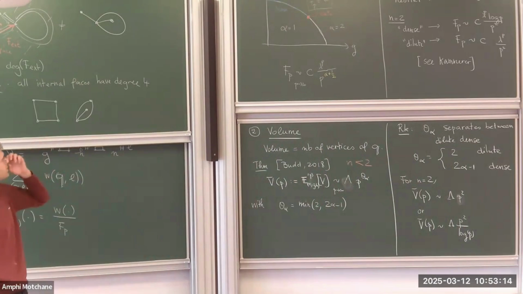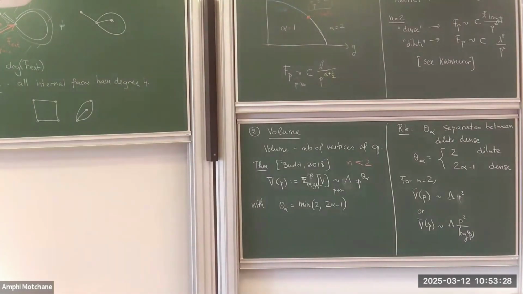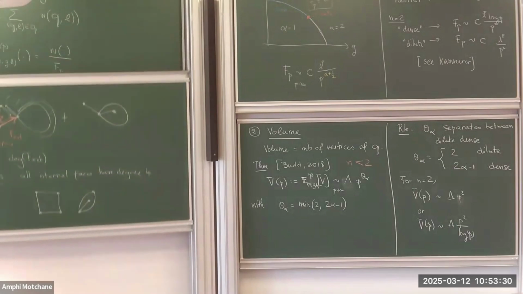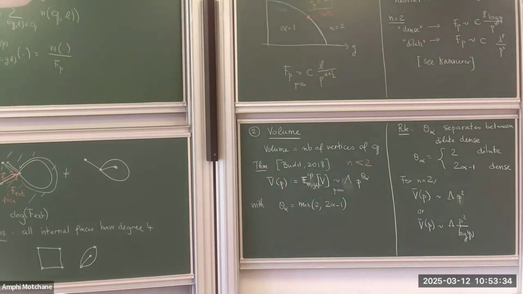So depending on the region above, you see different types of behaviors for the mean volume. Okay, these were the results on the expected volume.